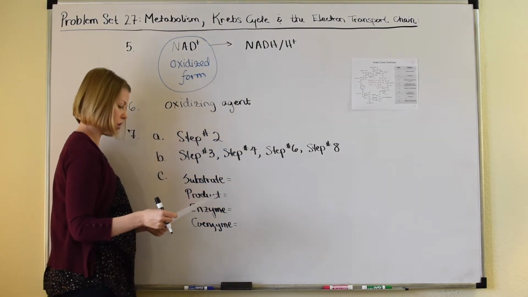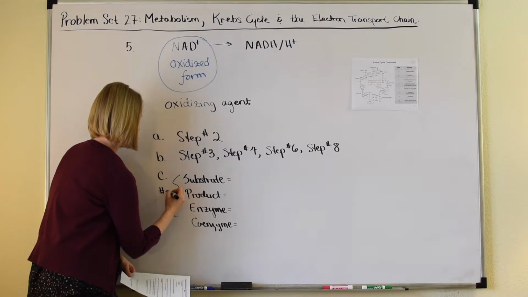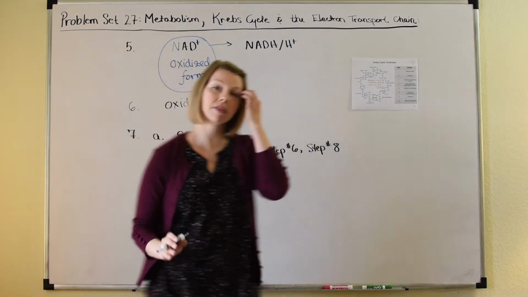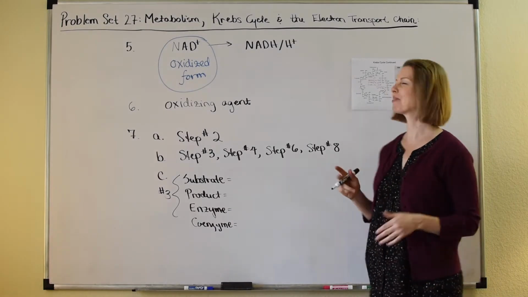Okay, and this is all for step number 3. So you definitely want to have your Krebs cycle here unless you've memorized it. Some instructors might actually want you to memorize it.